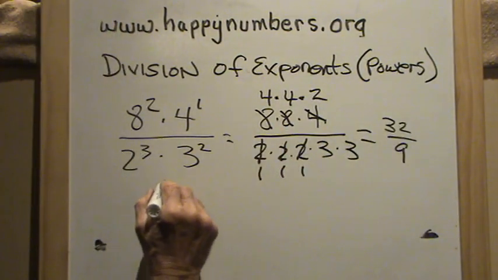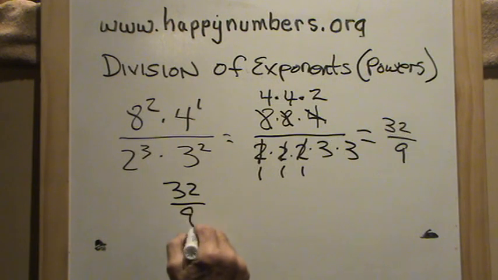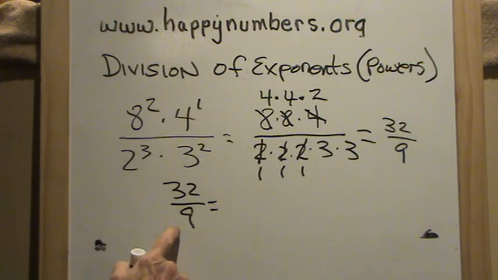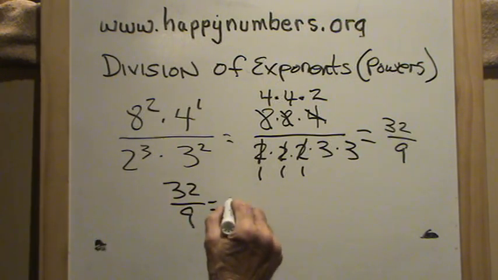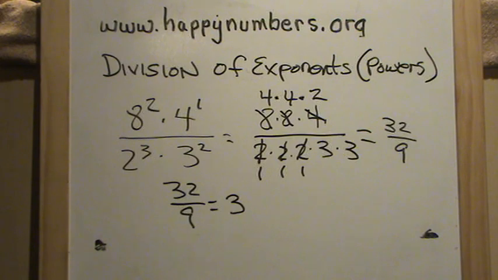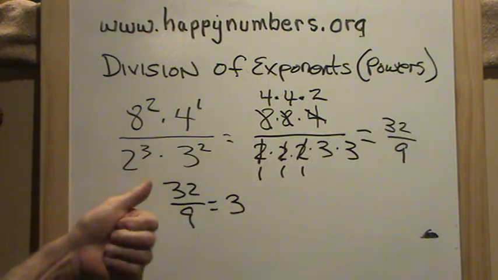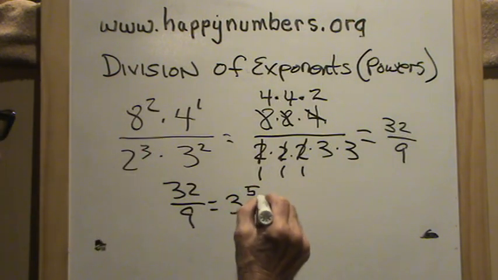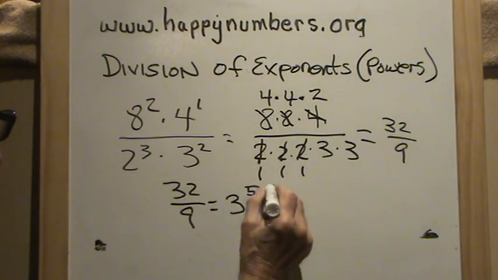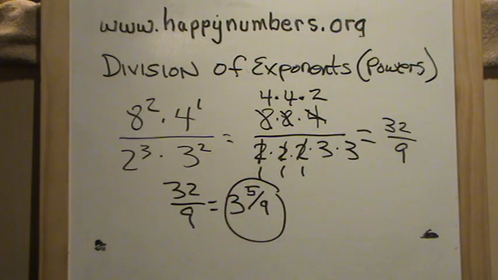So we get 32 ninths, which is an improper fraction. So I have to divide 9 into 32, and that'll go 3 times, because 9 times 3 is 27. And then I have 28, 29, 30, 31, 32. I have 5 left over. So 3 and 5 ninths should be our answer.